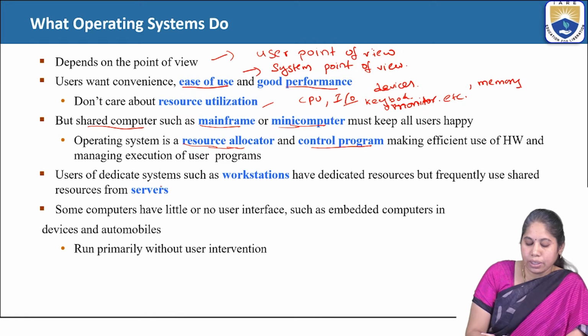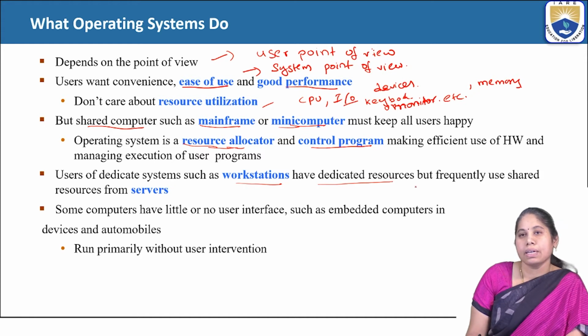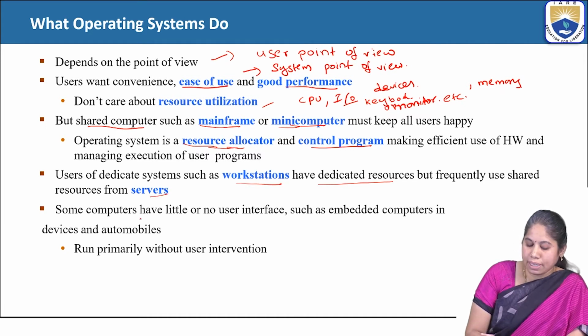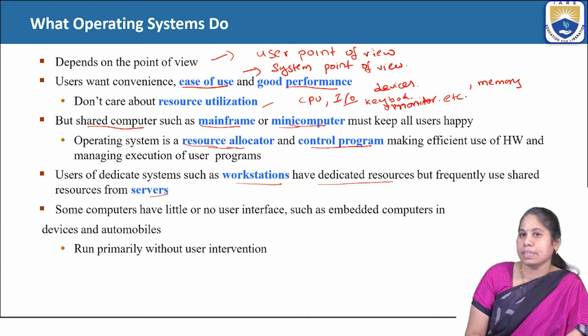Users of dedicated systems such as workstations have dedicated resources but frequently use the shared resources from the servers. Some computers have little or no user interface, such as embedded computers.